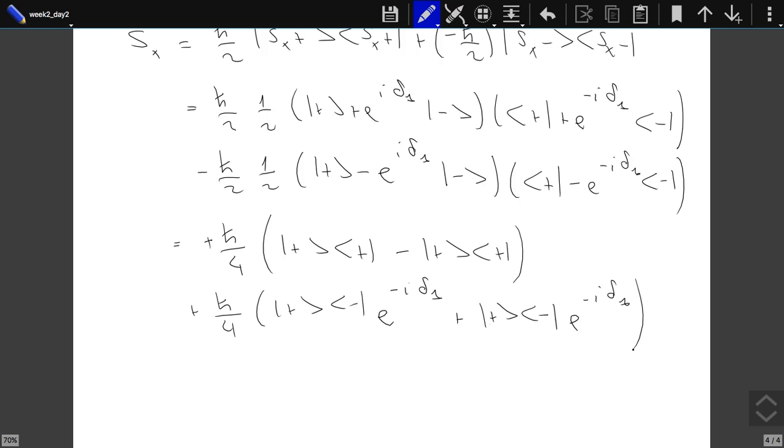Plus h bar over 4, let me look at the minus plus term. From the first line, the minus plus comes with e to the power i delta 1. From the second line, I have it with plus e to the power i delta 1.